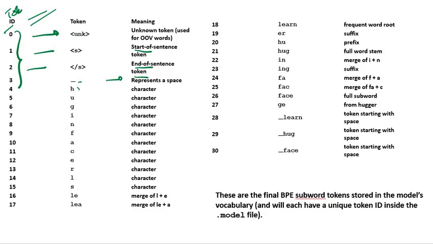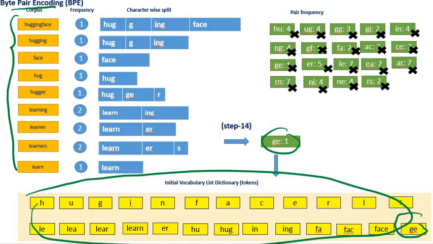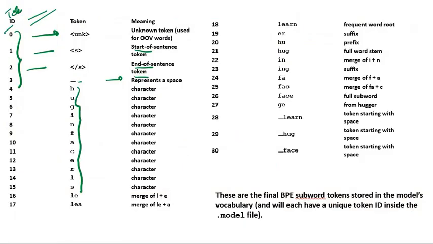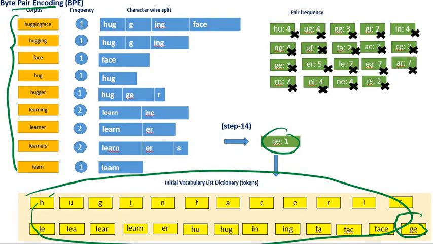HUGGING. If you see here in the corpus, this is the token ID. What I am putting here is token ID 4, 5. So this is token ID 4, token ID 5, like that. So in summary, what is the intuition?